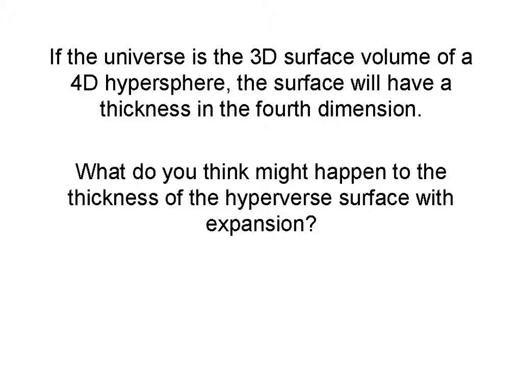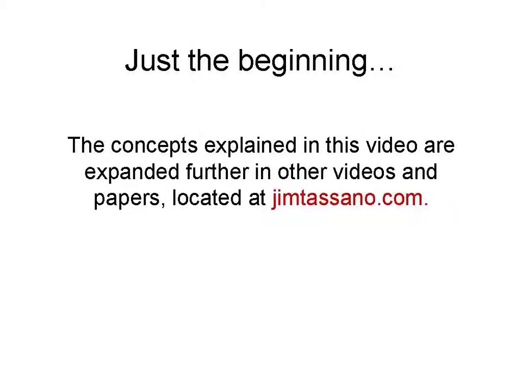If the universe is the three-dimensional surface volume of a 4D hypersphere, the surface will have a thickness in the fourth dimension. What do you think might happen to the thickness of the hyperverse surface with expansion? That last topic we will discuss in detail in the paper and videos on the geometric mean expansion of space.